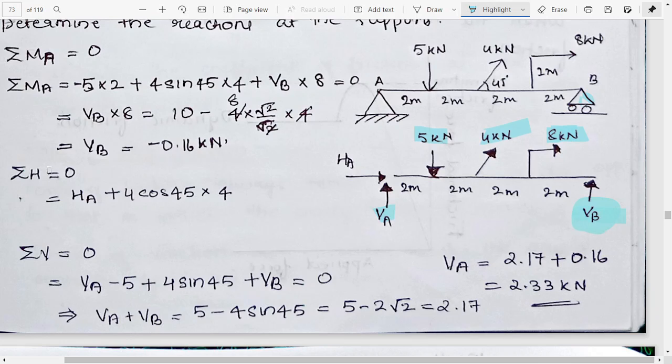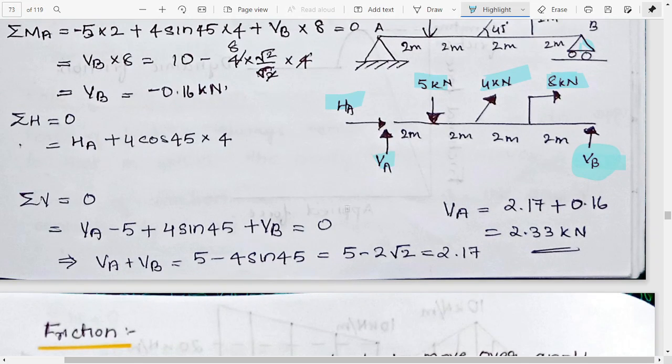Then if we take summation of H, we have HA plus 4 cos 45, and similarly we can find the summation of V also, and from that we get the value of VA to be 2.33 kilonewton. Okay, so that is all for this beam work.